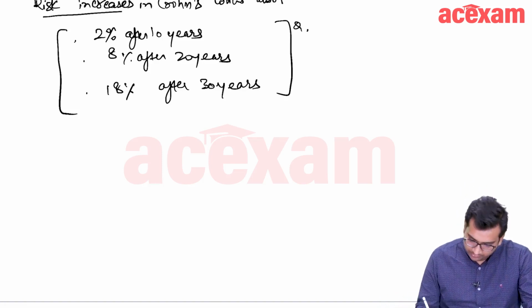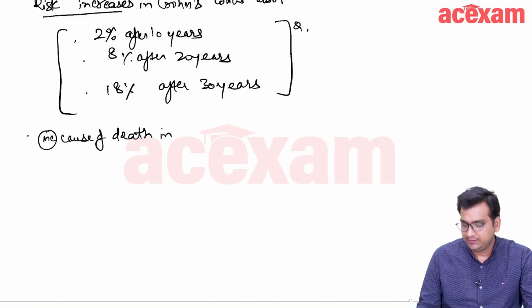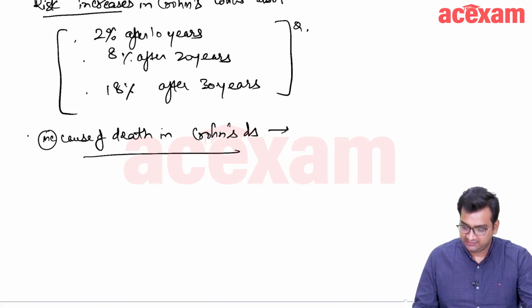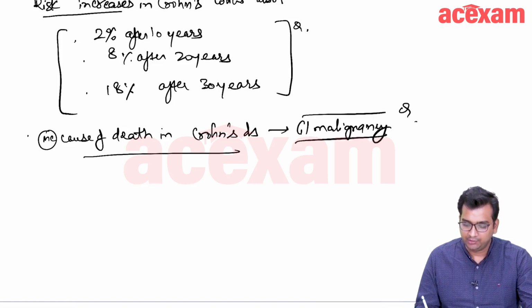Okay, now most common cause of death in Crohn's disease is development of a GI malignancy. This is important.